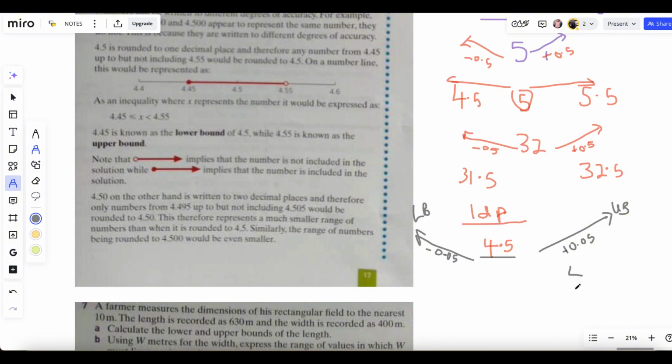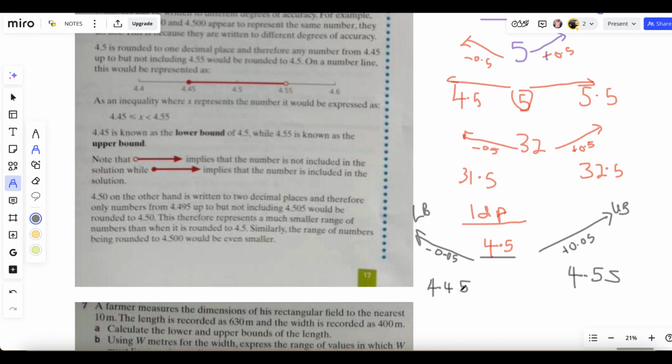So for the upper bound, we get 4.55. Now, if you subtract 0.05 from 4.5, you get 4.45 for the lower bound. Okay, so it's easy to get the lower bound.